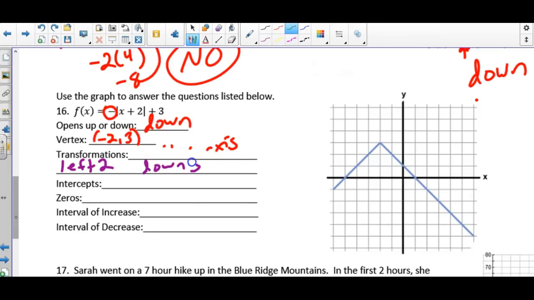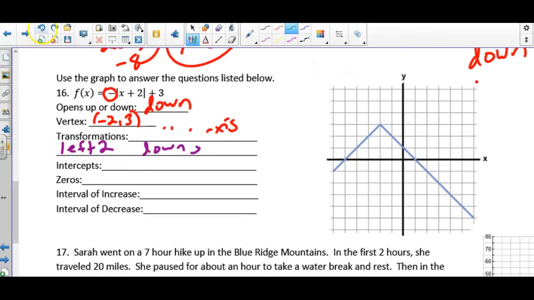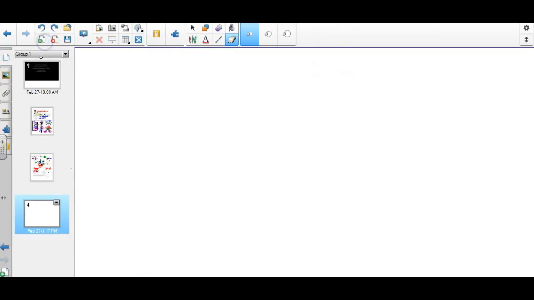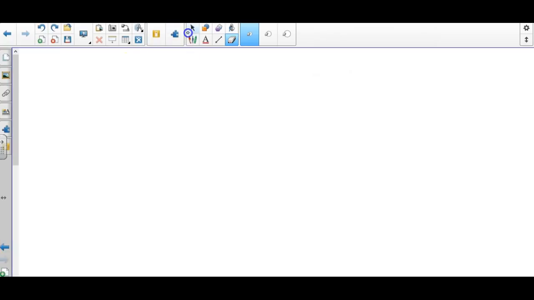Okay, down 3. Now, we've got to address the intercepts. For your x-intercept, remember, your y is 0.